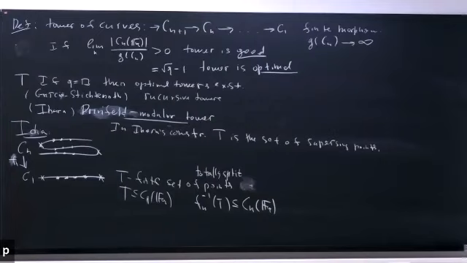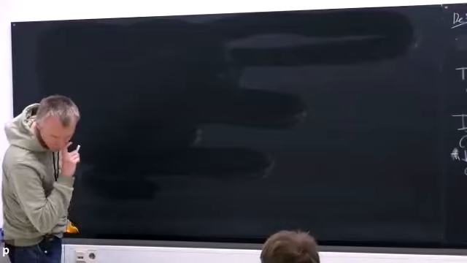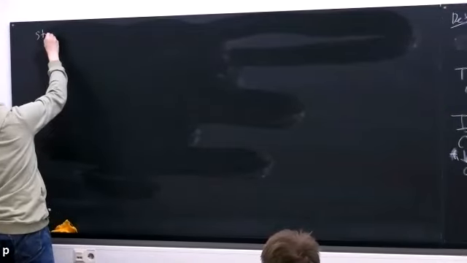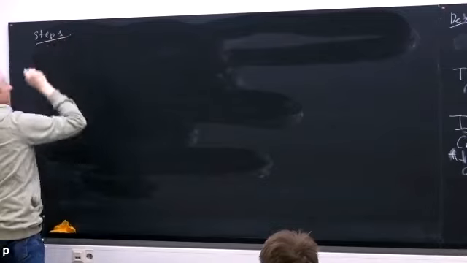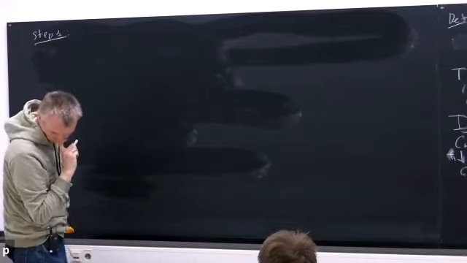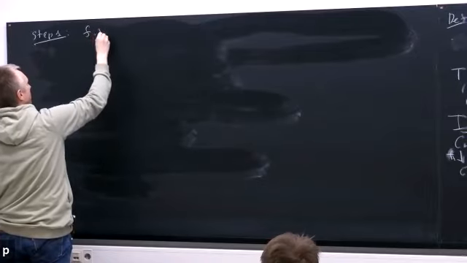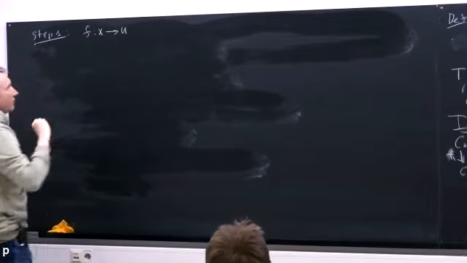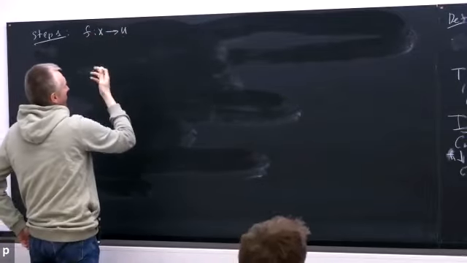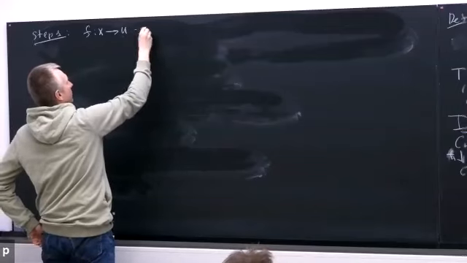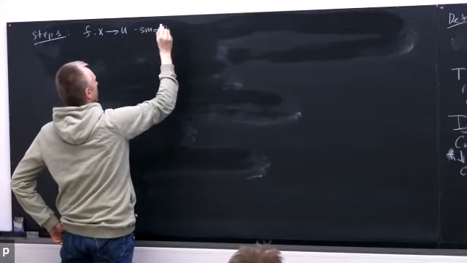So the construction starts with a family of varieties of some dimension. So we have a base, a family with some base U. In applications, U is one-dimensional, but actually this is not important so far.